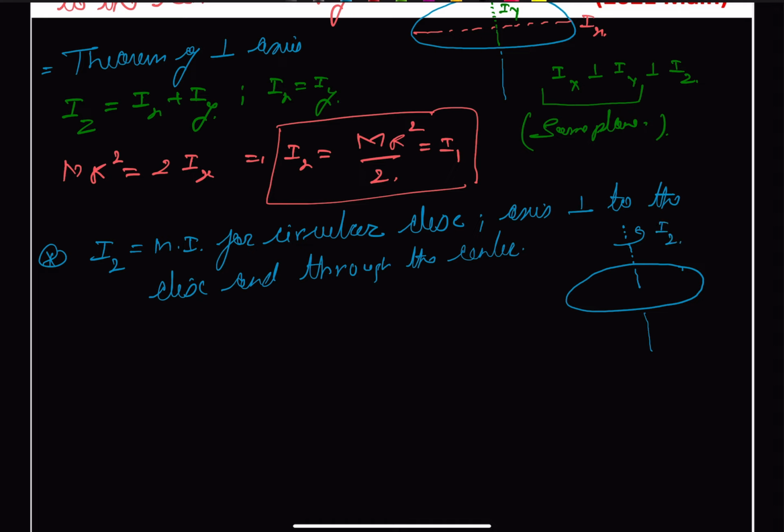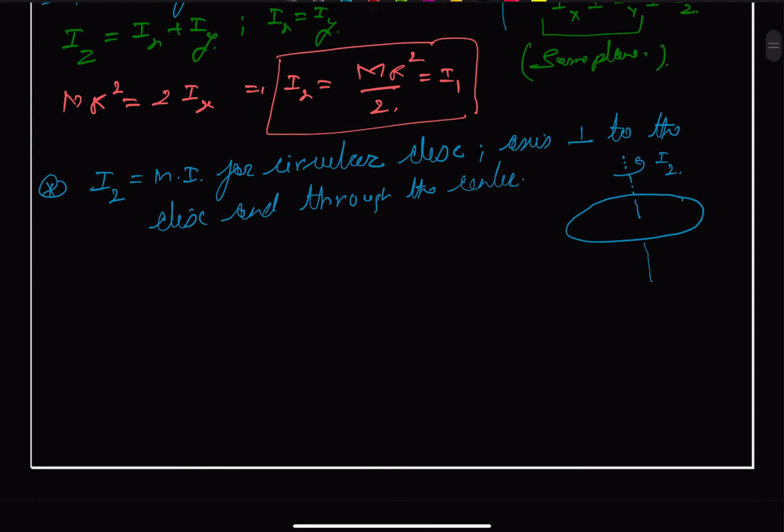I2 is nothing but the moment of inertia for the disc, which is our standard formula. So we can write that I2 will be equal to half MR square.